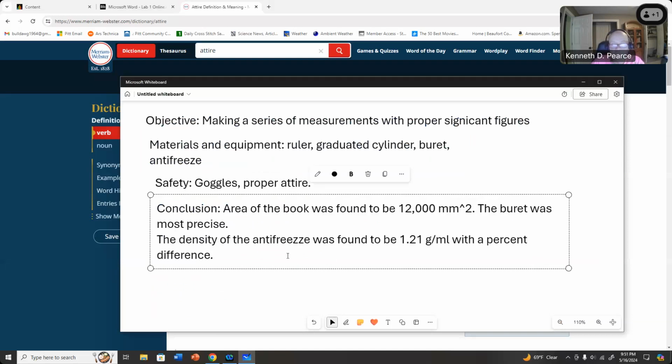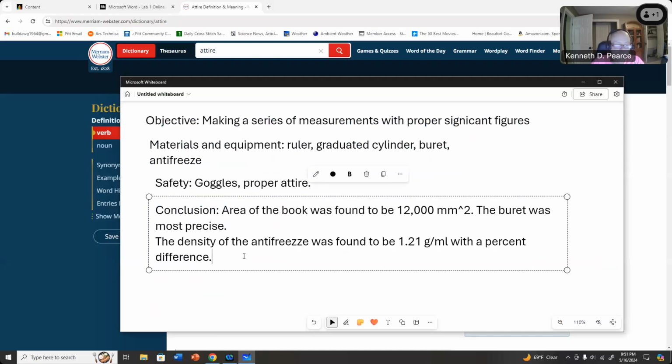Okay, and then we say, you know, one source of error might have been estimating between the lines.